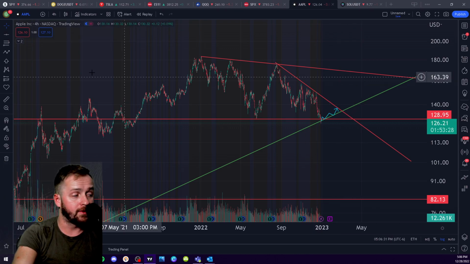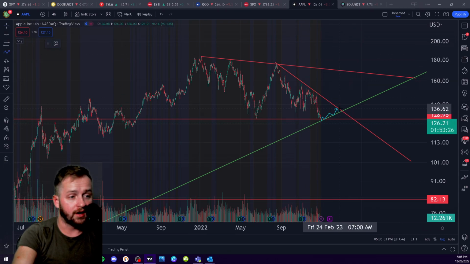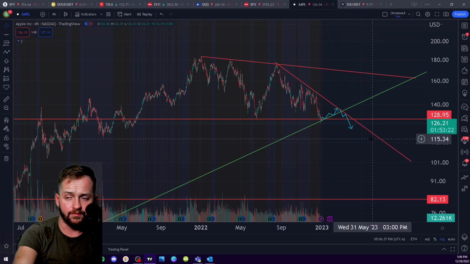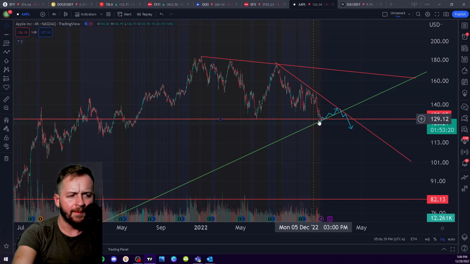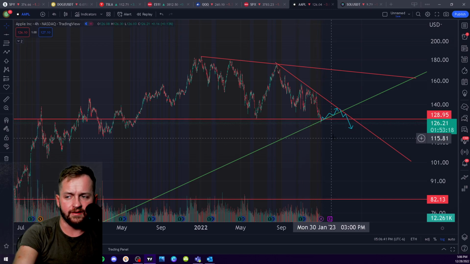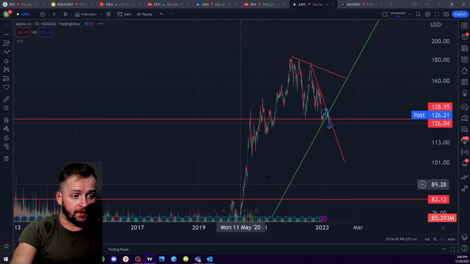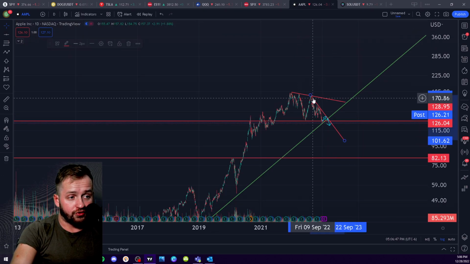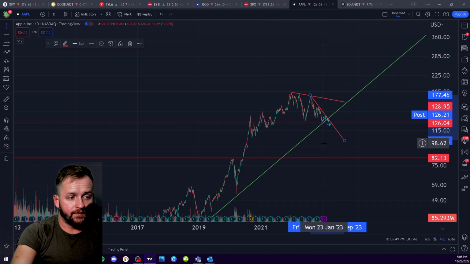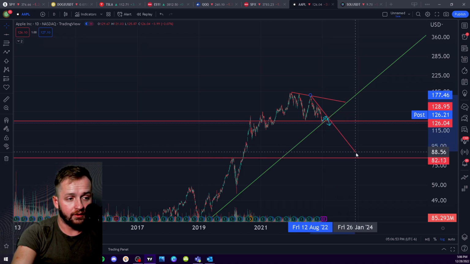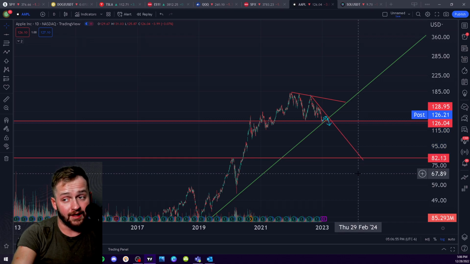But you could even climb up here, come back for a retest of this downtrend, and then get rejected down. Okay, so it can take some time. I'm not necessarily calling for this this week, but I do think that eventually the likelihood is that this downtrend does hold, and then you do get pressed down to $80-ish on Apple, which is going to be a big deal.